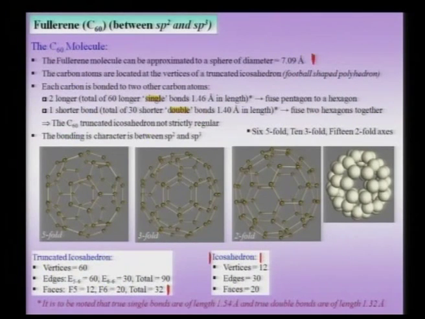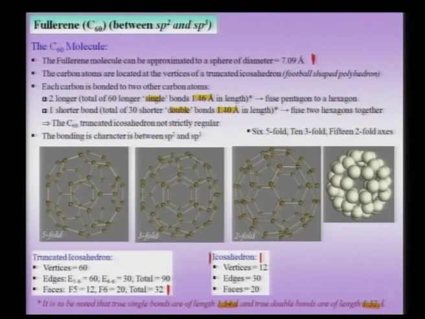For instance, carbon single bonds are 1.54 angstroms in length and double bonds are 1.32 angstroms, but here you will note that the longer bonds, which are like the single bonds, are 1.46 angstroms in length, and the shorter bond, which is something like a double bond, is 1.40 angstroms in length. So though we might say they are double bonds and single bonds, what we mean is that these lengths are followed rather than the conventional lengths which are shown at the bottom.